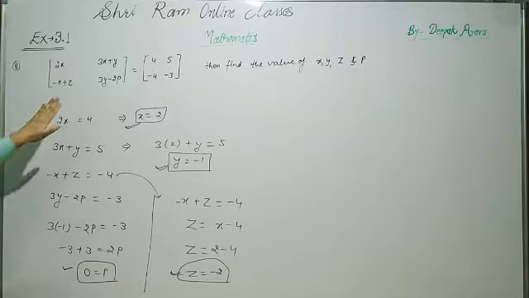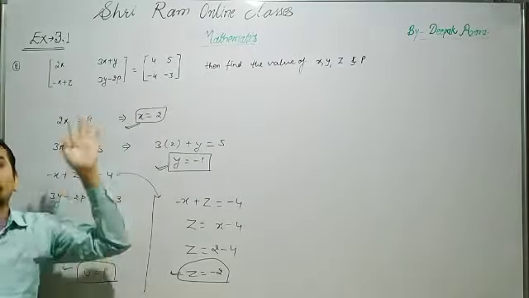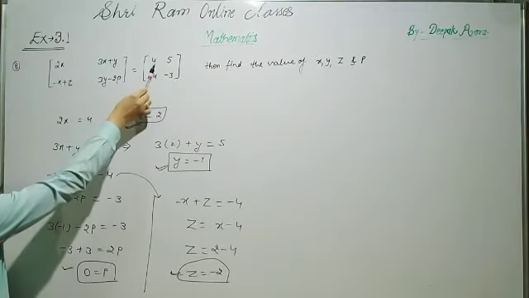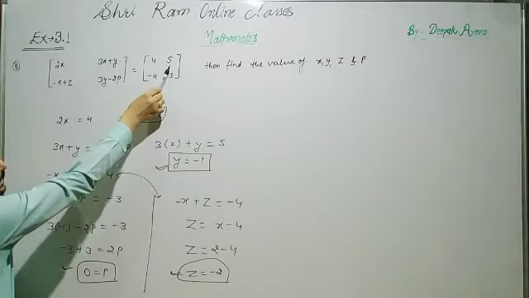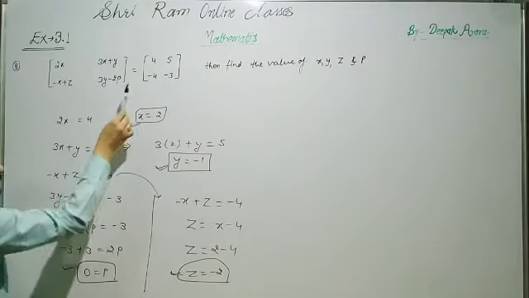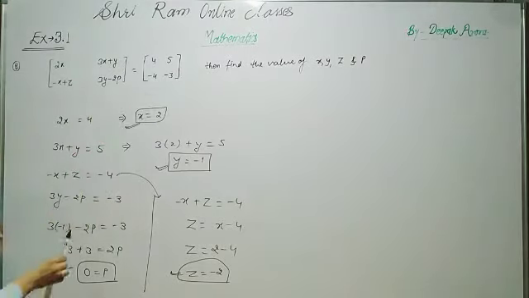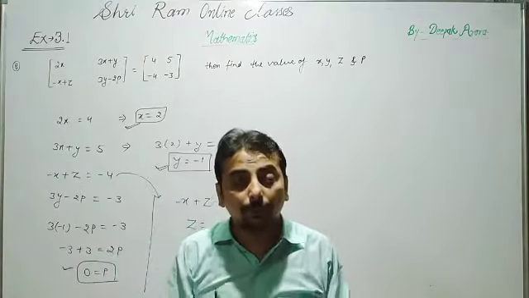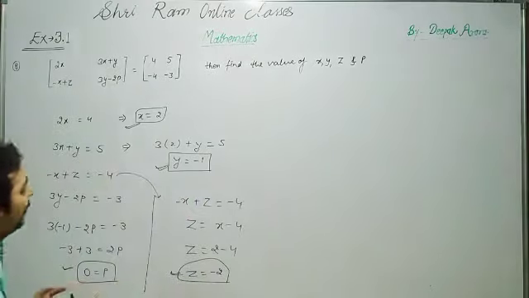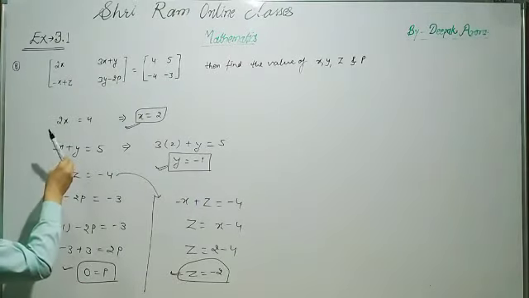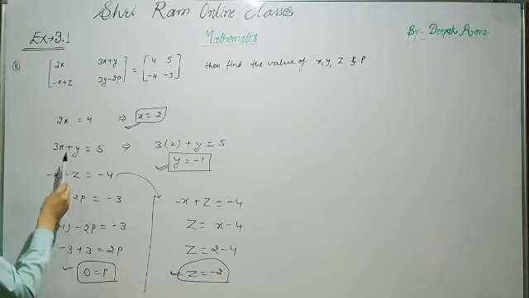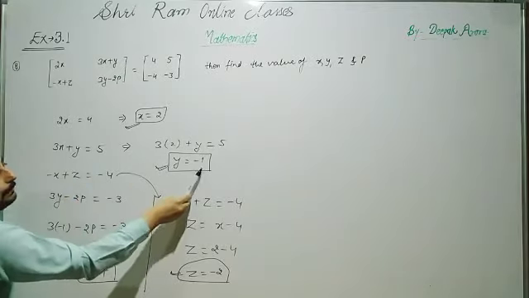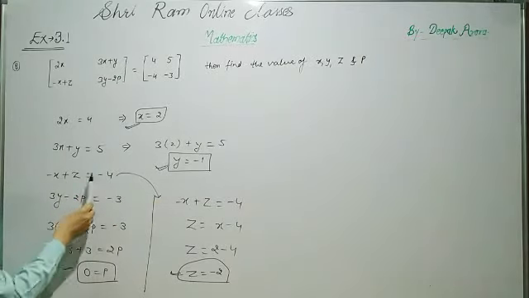Again we see, given that the first matrix is equal to the second matrix, the first row's first element is equal to the first, that is 4, the second element is equal to the second, the third element to the third, and the last one to the last one. We know the order of the matrices, both are of order 2 cross 2. So every element is equal to the corresponding element: 2x is equal to 4, then x is 2. 3x plus y is equal to 5, x value is 2, 3 times 2 is 6, transferred, we have y equal to minus 1.